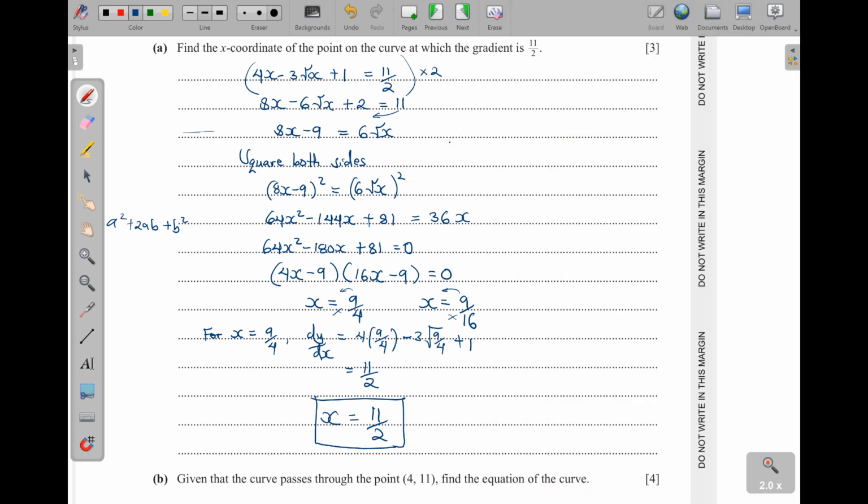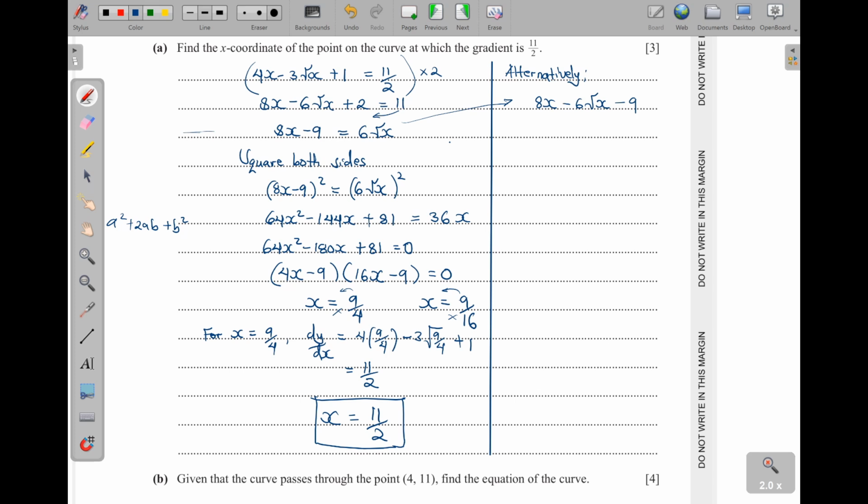Okay. Alternatively, you could solve this equation like this. After this, I can have 8x minus 6 root x, then minus 9, since 2 minus 11 is minus 9.